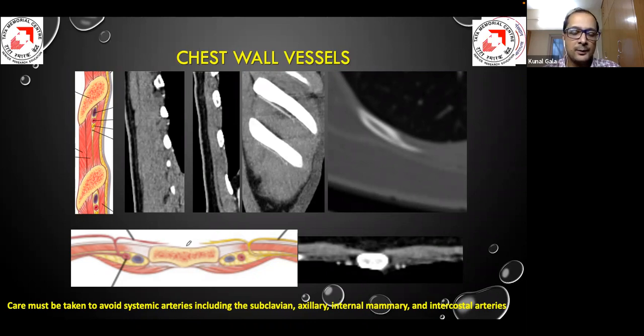If one needs to target very close to the sternum, we can go just brushing the sternum, as close to the sternum as possible, so as to avoid the internal mammary vessels, or one can go 1 centimeter beyond the internal mammary vessel. This is how we can avoid injury to the intercostal and internal mammary vessels.